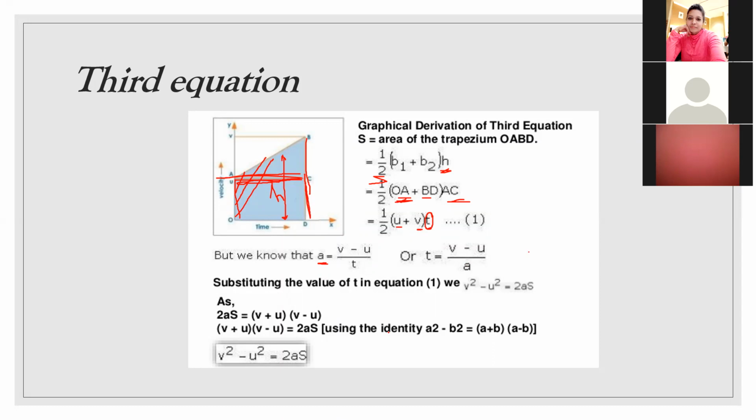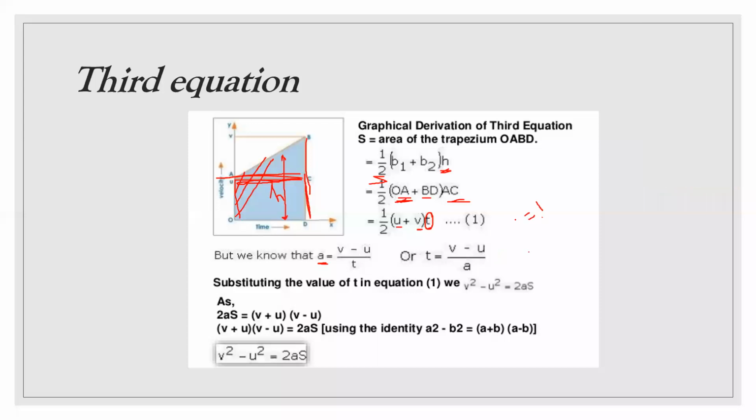So this equation will become: displacement equals half (v plus u) multiplied by (v minus u) divided by a.